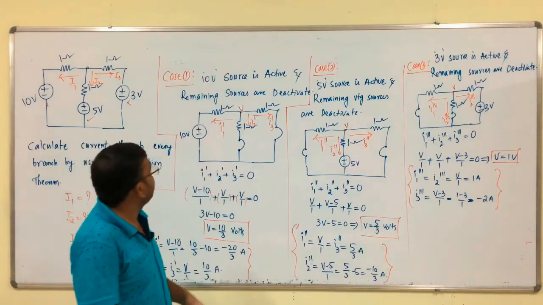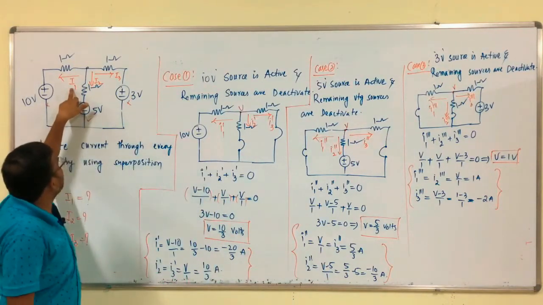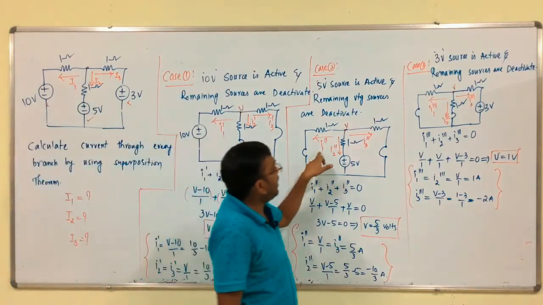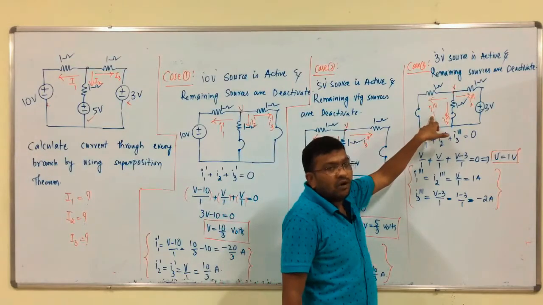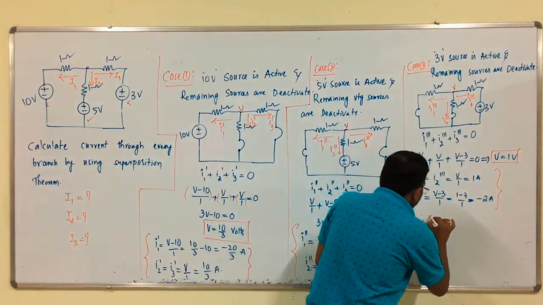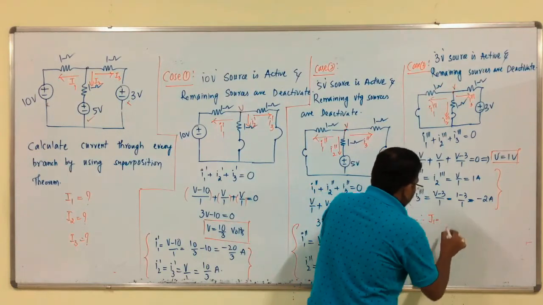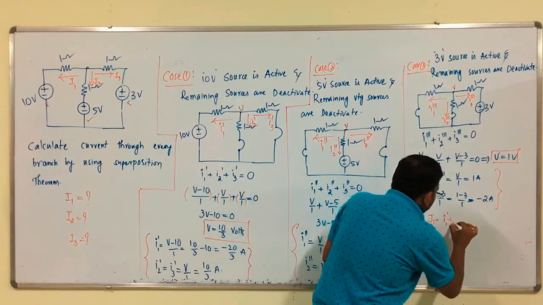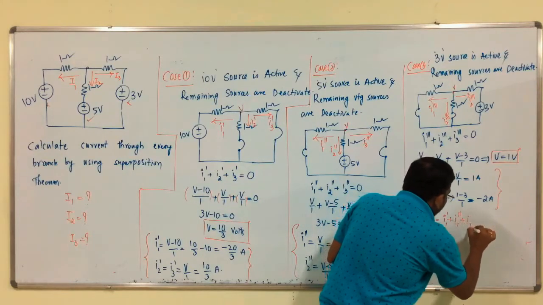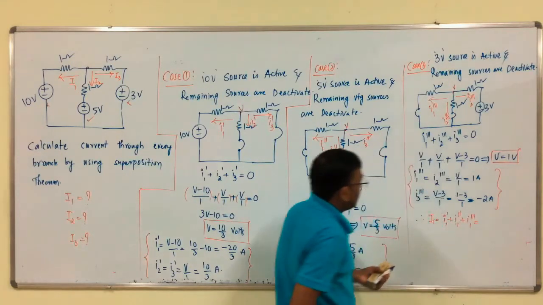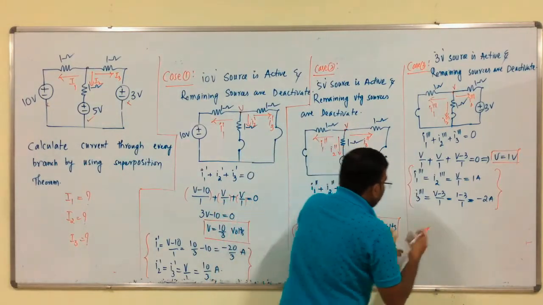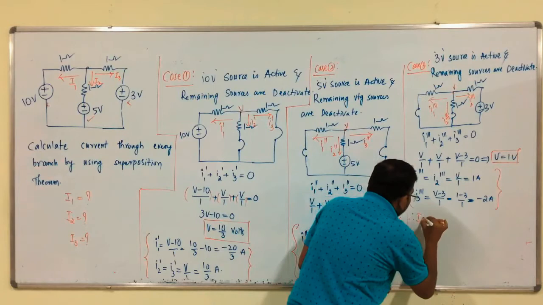So, first look at this capital I1: I1 dash, I1 double dash, I1 triple dash, all are in the same direction. Therefore, I1 equals I1 dash plus I1 double dash plus I1 triple dash.